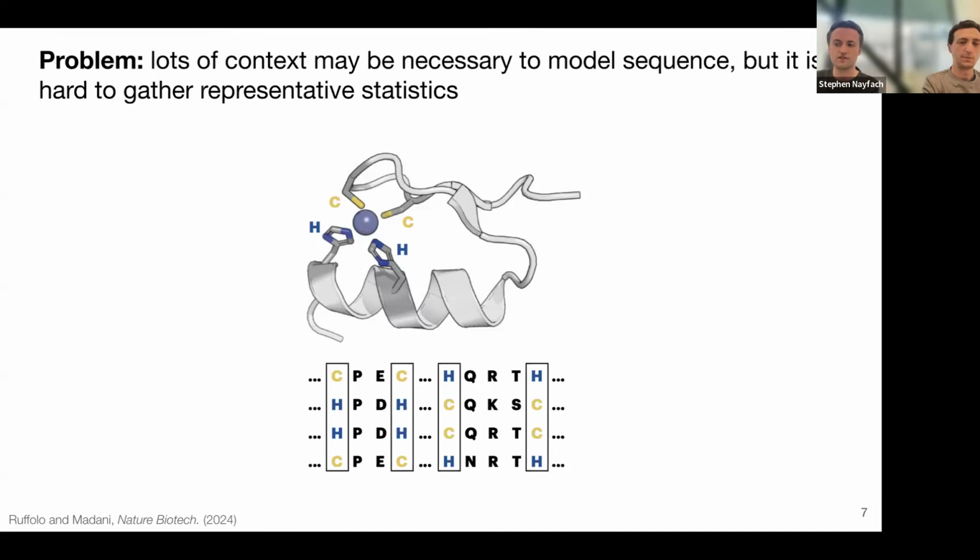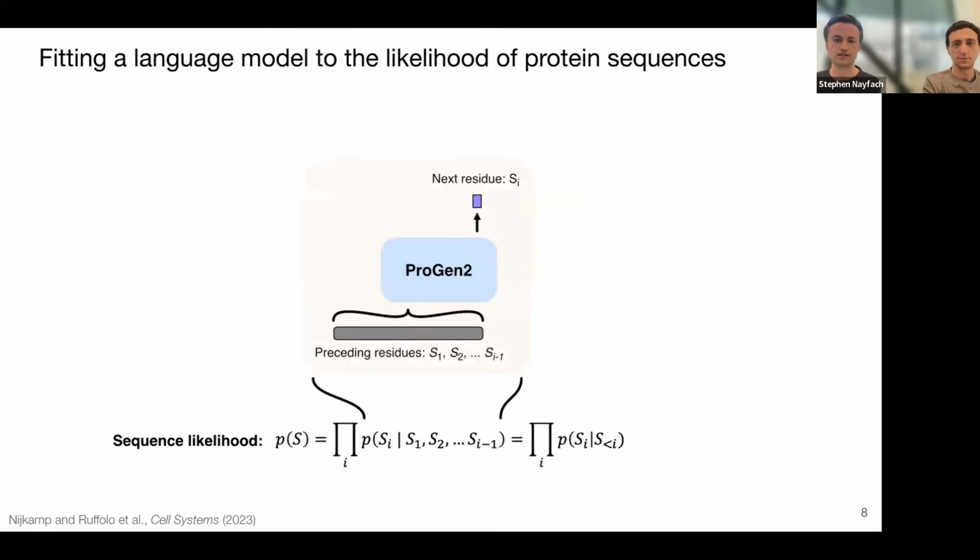So the specific configuration we're seeing in this natural protein is only one of 20 to the 15 possibilities. This means to build an n-gram model that would capture this specific arrangement, we would need to tabulate all possible stretches of 15 amino acids. And that's just for this one protein. Of course, there's other proteins where your functional motif might be separated over hundreds or more residues.